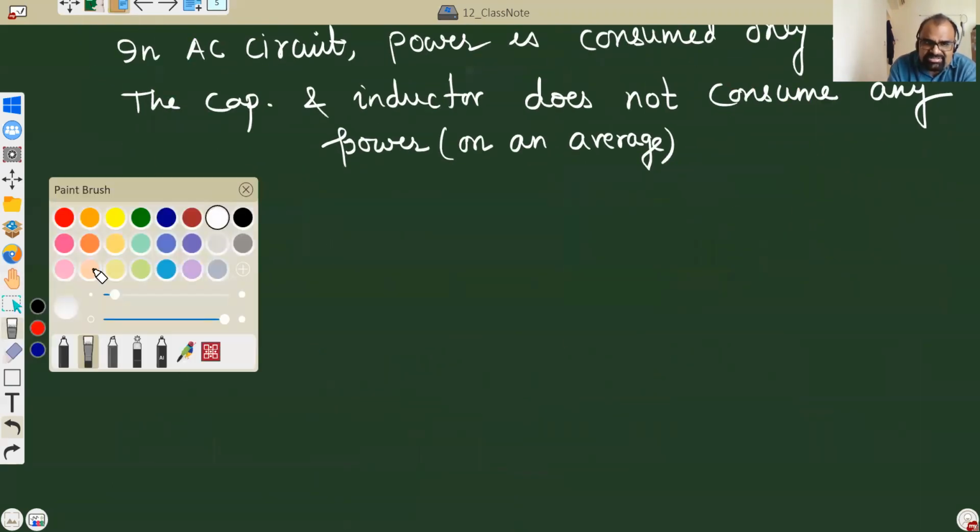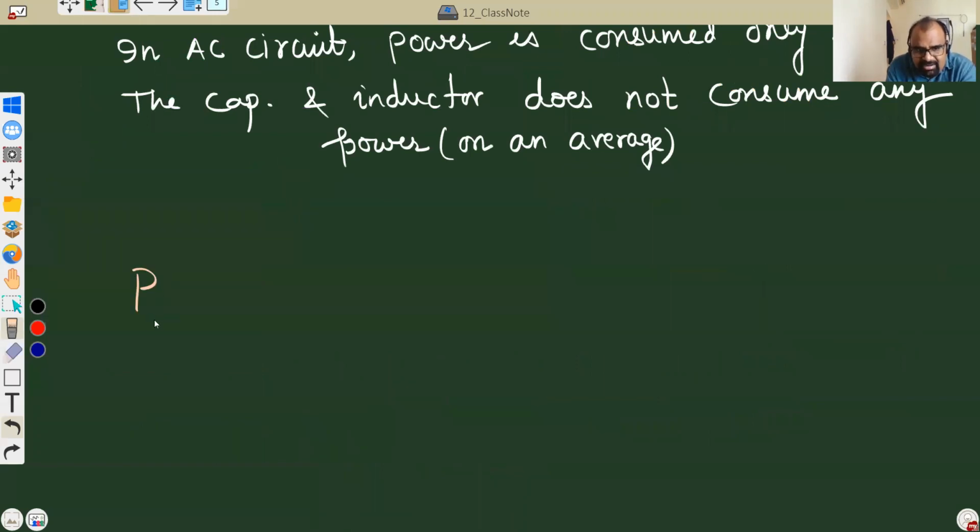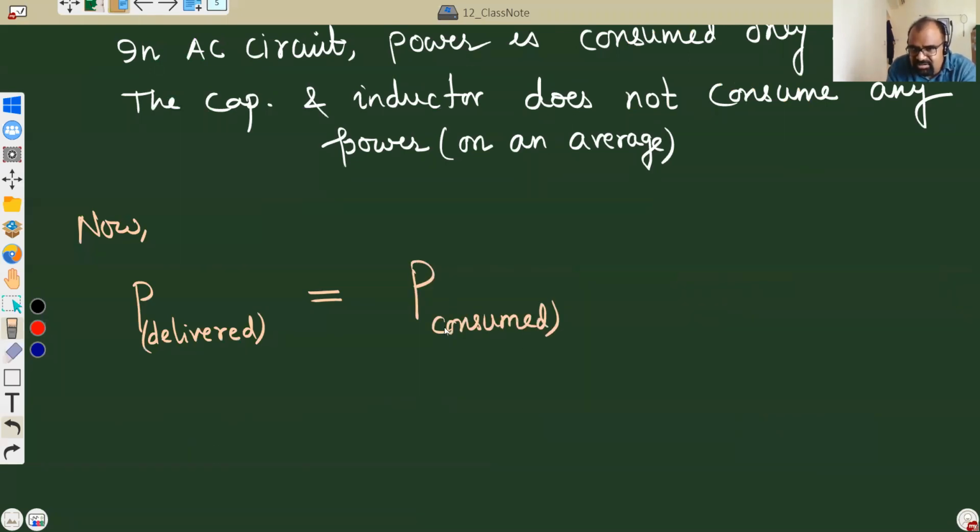Now interestingly, who delivers power? The AC source. And who consumes power? The resistor. And they are actually equal.